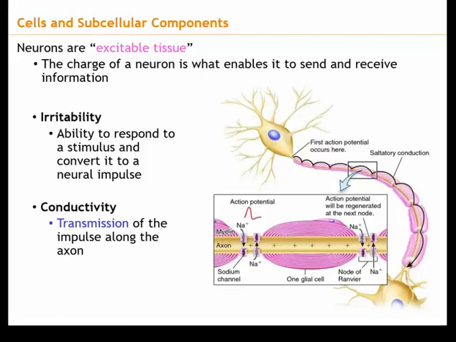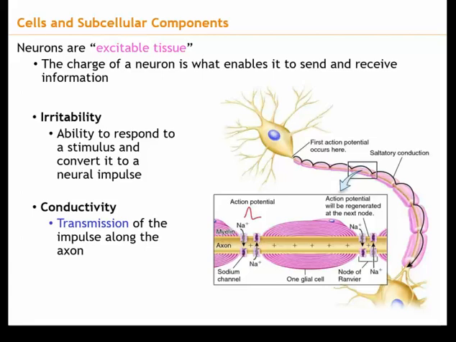So irritability causes conductivity. We see irritability is the ability to respond to a stimulus and convert it into a neural impulse. All neurons in the central nervous system are myelinated, but not all neurons in the peripheral nervous system are.